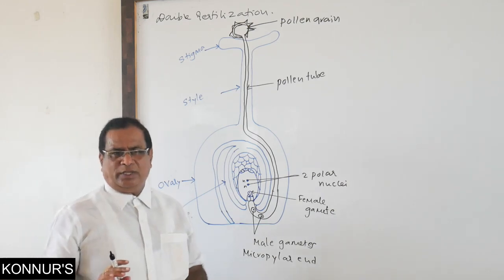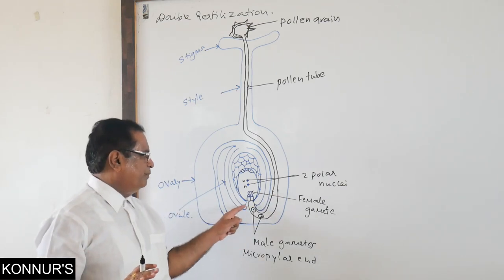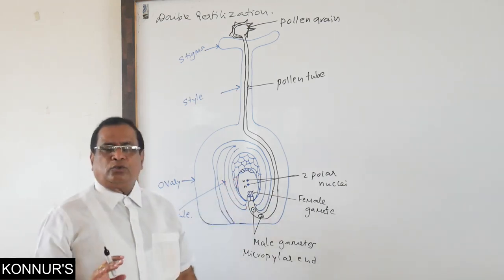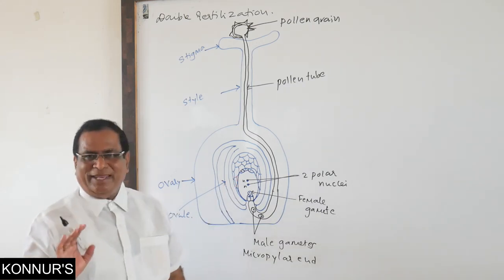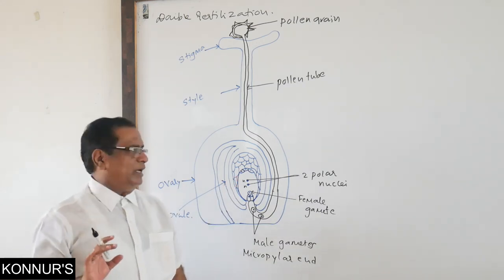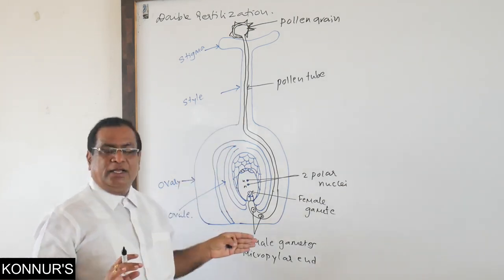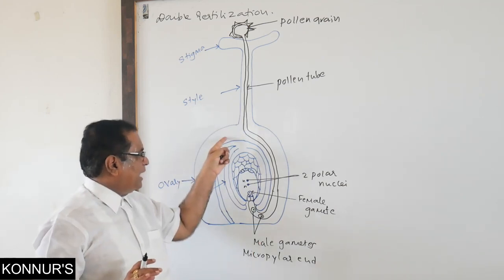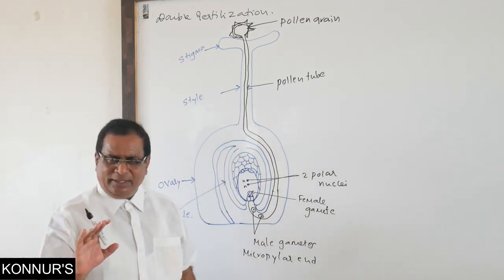Already I have told you, in most angiosperms the entry of the pollen tube into the ovule through the micropylar end is said to be porogamy. Rarely the pollen tube can enter the ovule from the chalazal end, that is said to be chalazogamy.